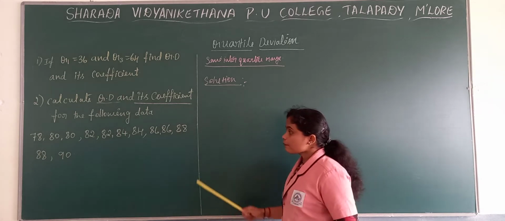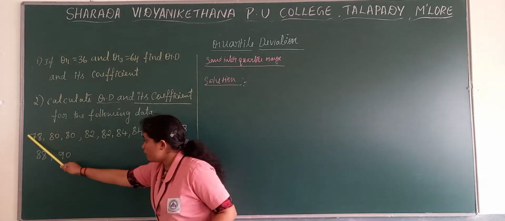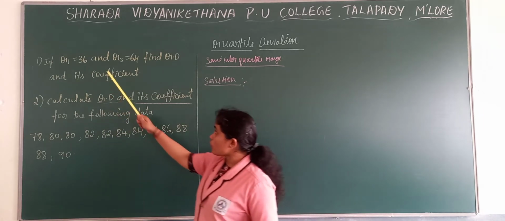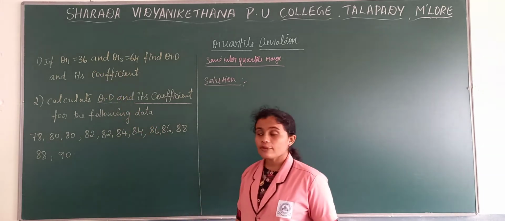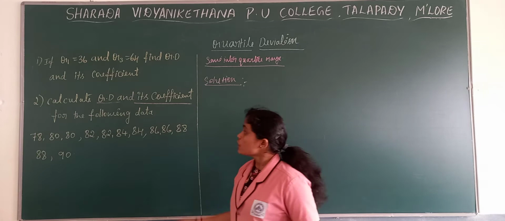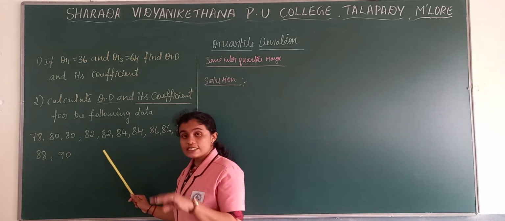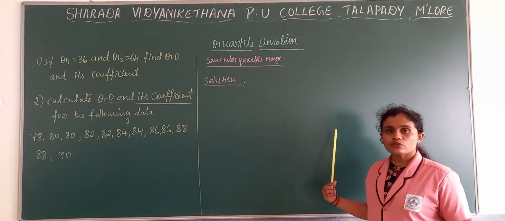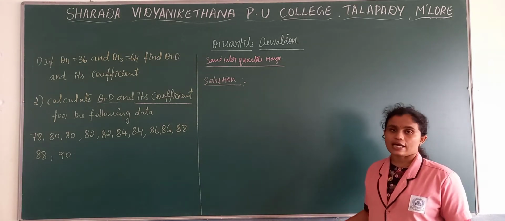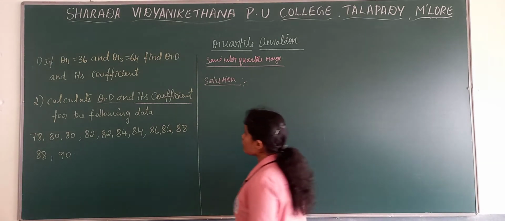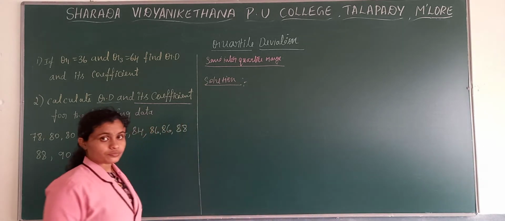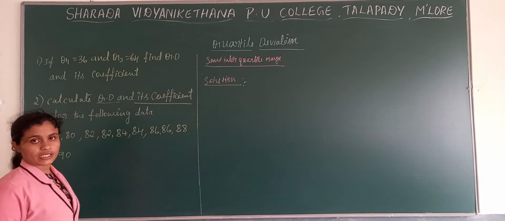When you get this kind of problem, you need to find the quartile deviation, but you don't know the values of Q1 and Q3, as they were provided in the previous problem. So in this problem, firstly you need to find the values of Q3 and Q1, then you need to find the quartile deviation and its coefficient. So here, firstly you know that you need to find the quartile deviation.